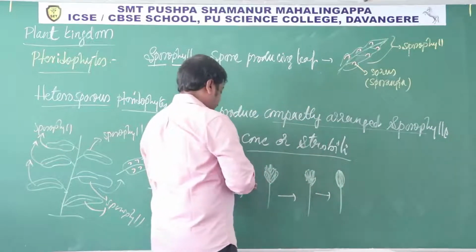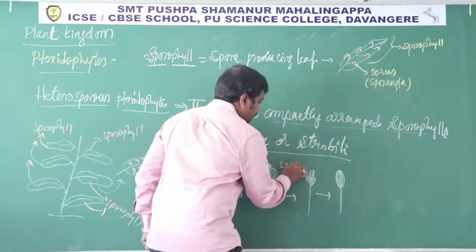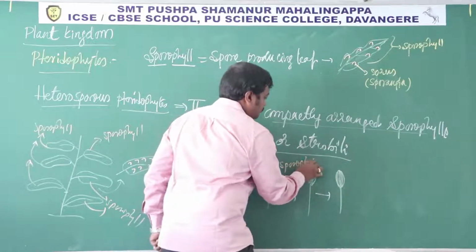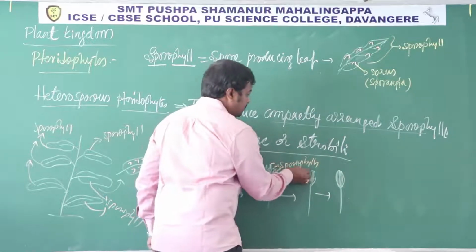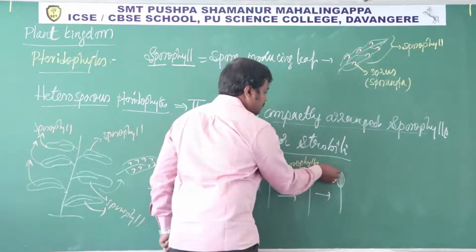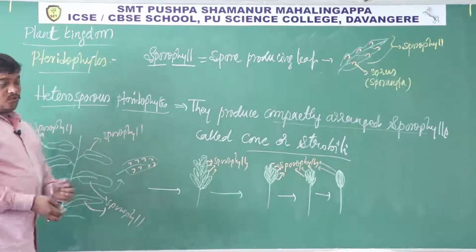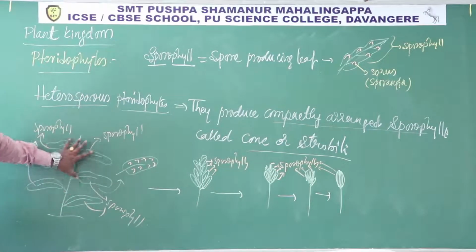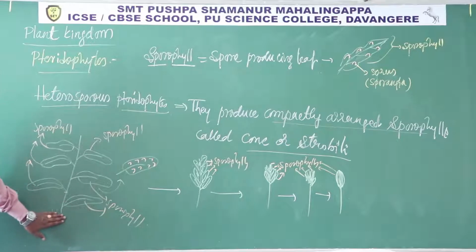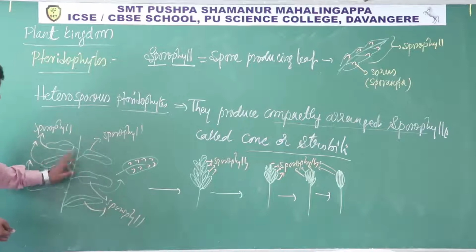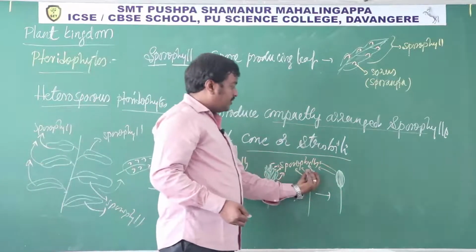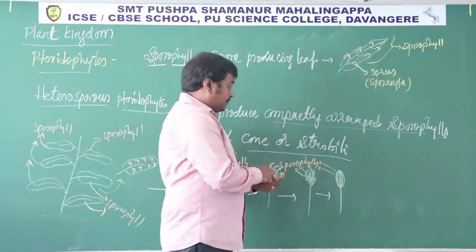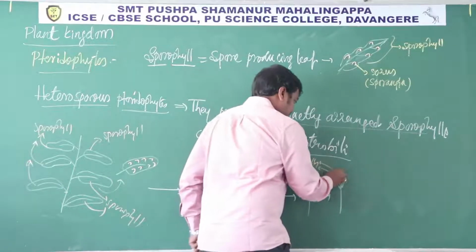Now these are sporophylls, these are also sporophylls, these are also sporophylls. Like this, these leaf-like sporophylls, let me write beside the big plant leaves. Many of these sporophylls start compacting together and ultimately produce a structure like this.